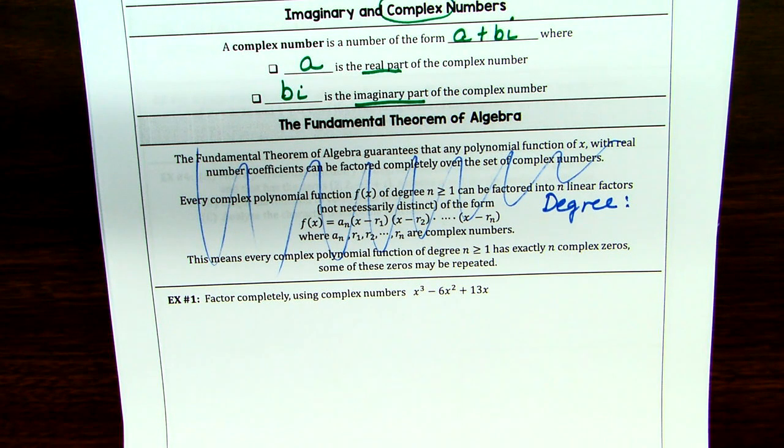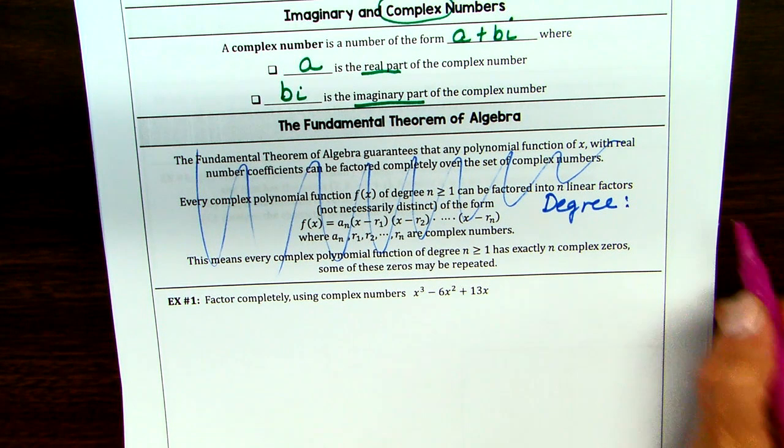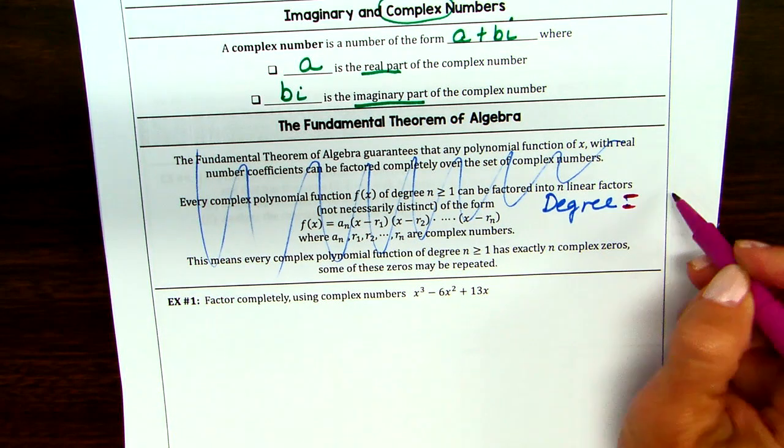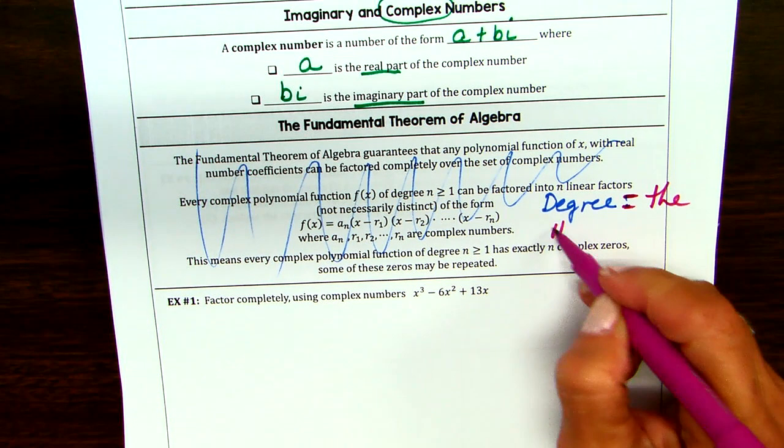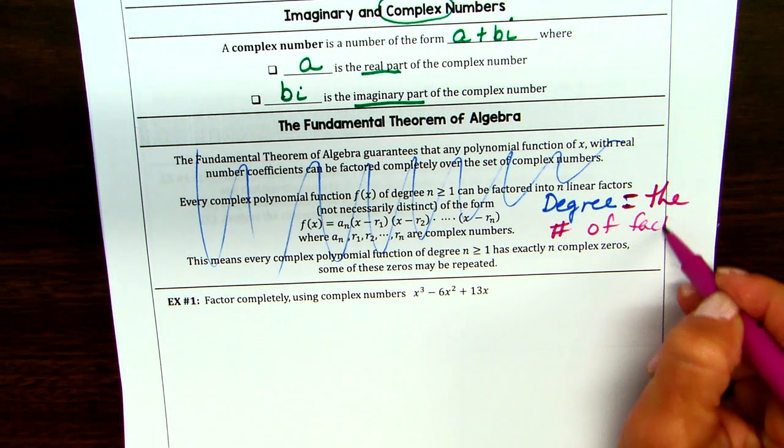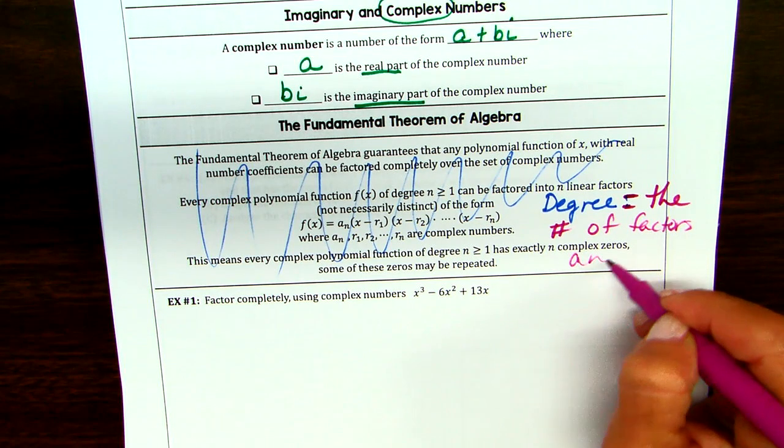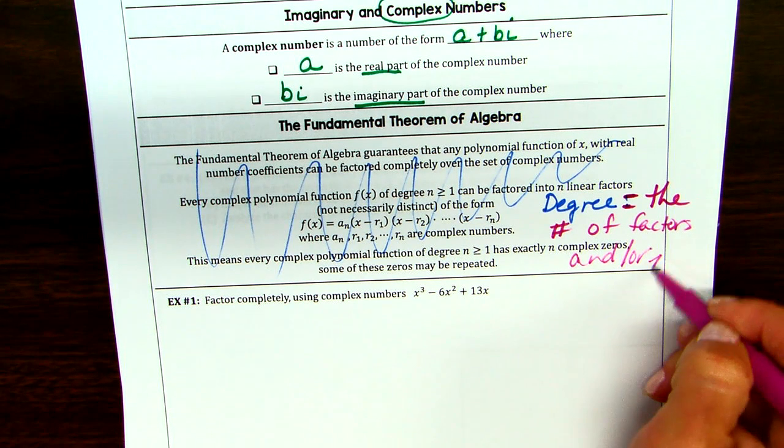But more importantly, the degree gives us super important information. I've said important like 10 times in a row. It gives us very important information about the polynomial, okay? Your degree equals the number of factors and/or zeros.